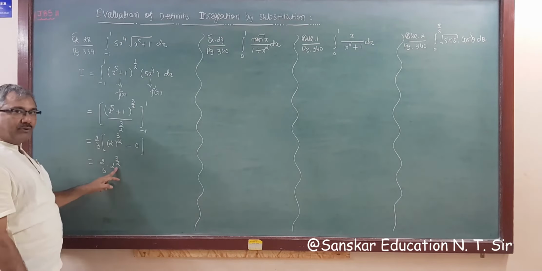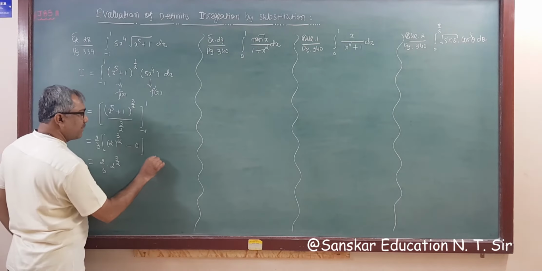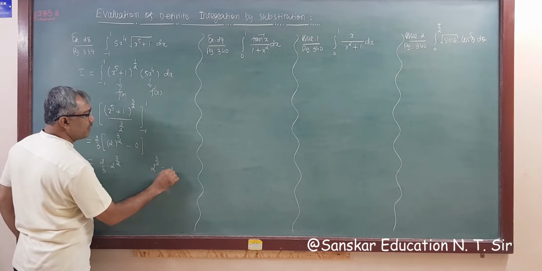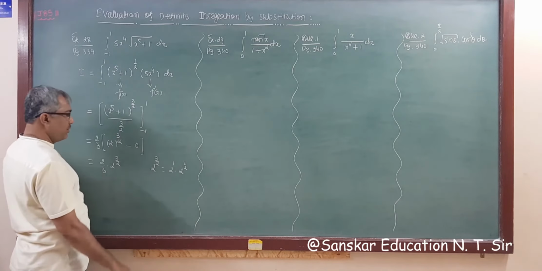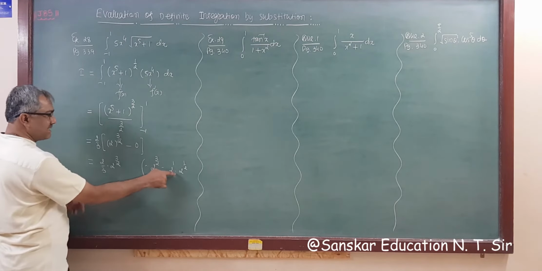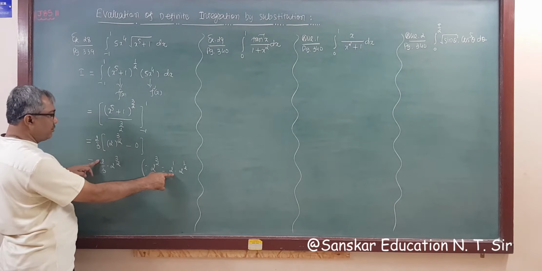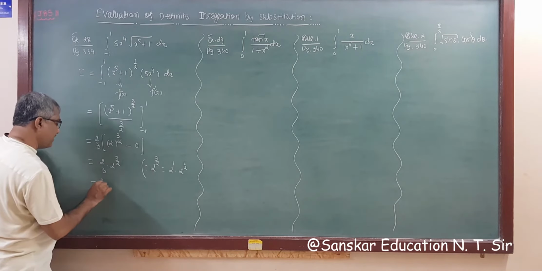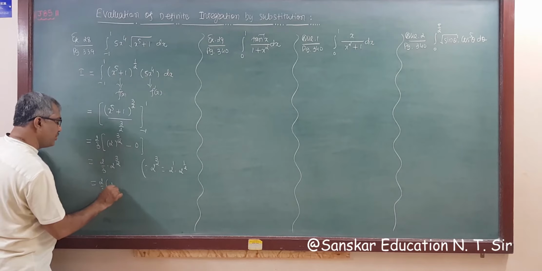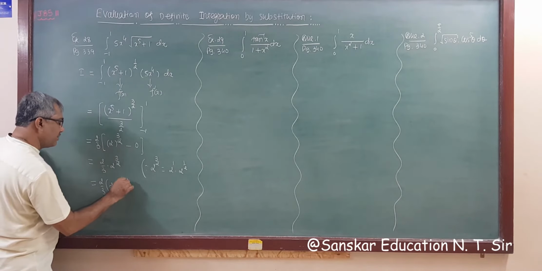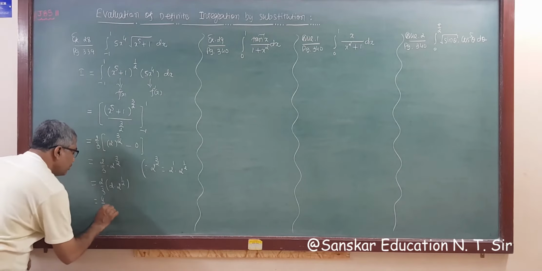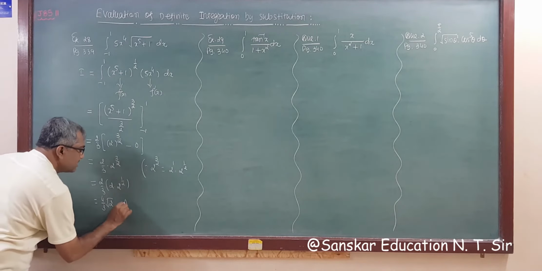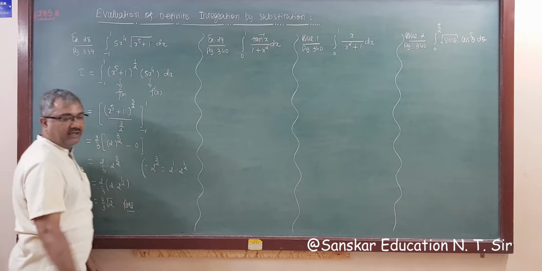You can split 2 raised to 3 by 2 as 2 raised to 1 into 2 raised to half. Then 2 into 2 is 4, so 2 by 3, 2 into 2 raised to half. So the answer will be 4 by 3 root 2. Okay, so this is your answer, 4 by 3 root 2.